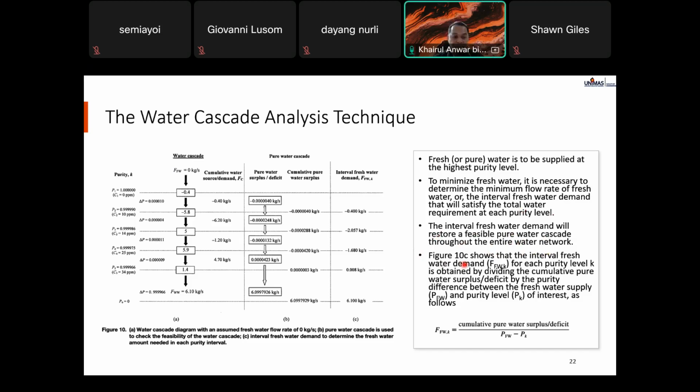Figure 10C shows the interval freshwater demand FWK. This K refers to the level, and FW is the freshwater demand. FW at level K is obtained by dividing the cumulative pure water surplus by the purity difference between the freshwater supply and purity level PK of interest, as follows.